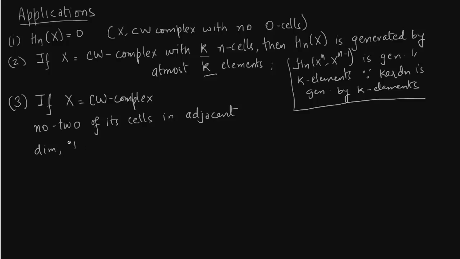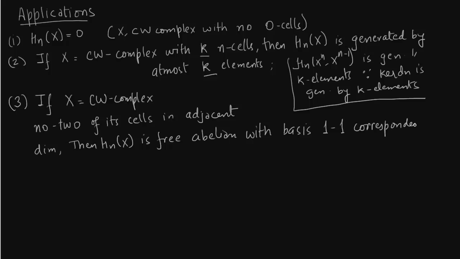So if no two of its cells are in adjacent dimensions, then HnX is free abelian with basis the corresponding n cells in X. So you need to keep this in mind. First of all, look this up in Hatcher, on page 140. And the example you need to keep in mind is CPn.